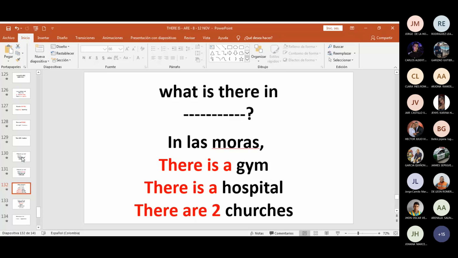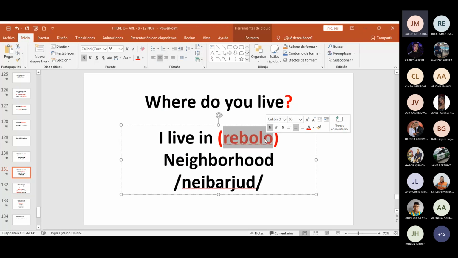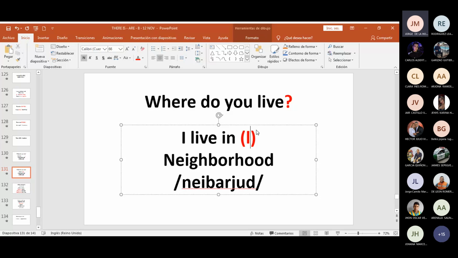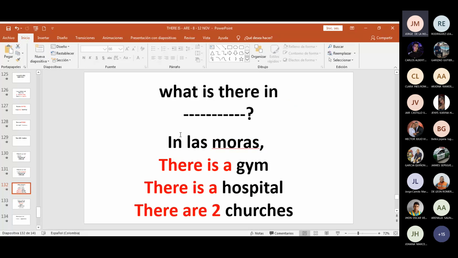So, where do you live? For example, student, you are going to say, I live in Las Moras neighborhood. Okay, so here we say Las Moras. Las Moras. Okay. Las Moras neighborhood. Then I ask you, what is there in Las Moras?